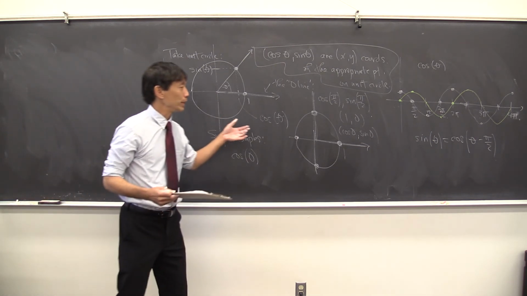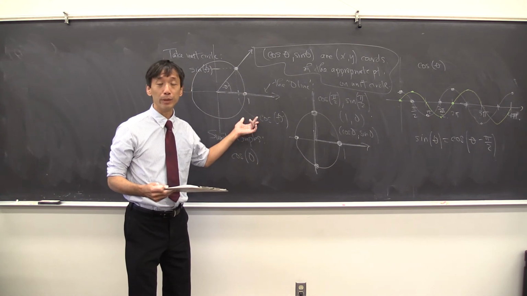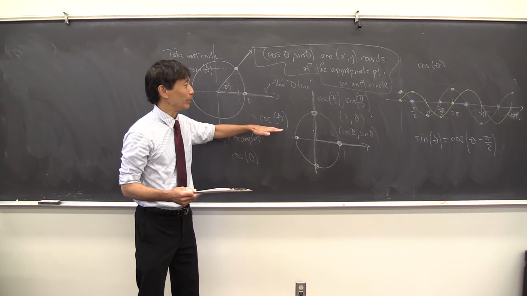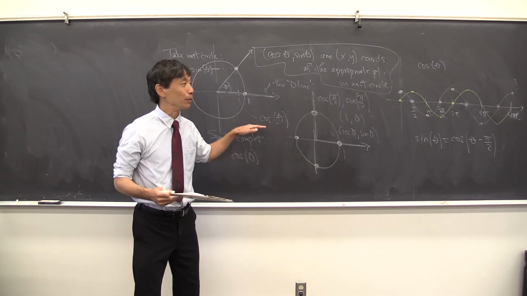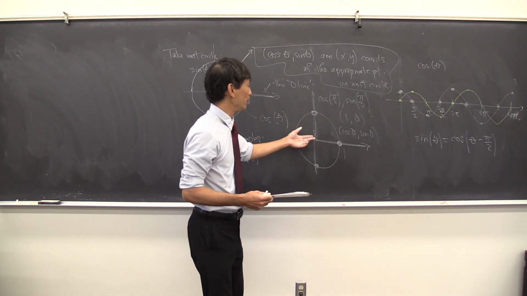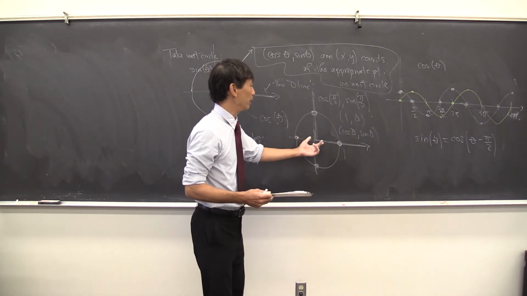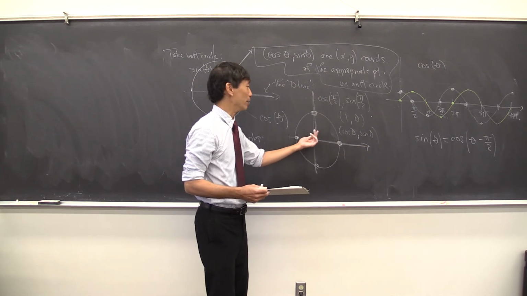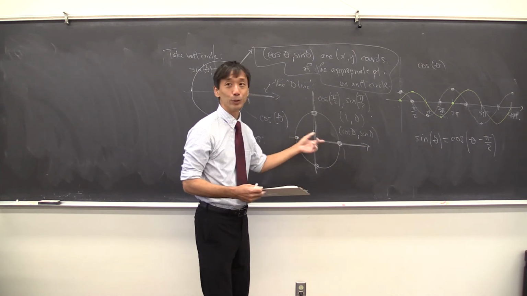Those of you who have seen trigonometry with triangles before, I hope you begin to appreciate the unit circle. Because it doesn't make sense to talk about the cosine of 0 for a triangle, or the cosine of pi for a triangle.